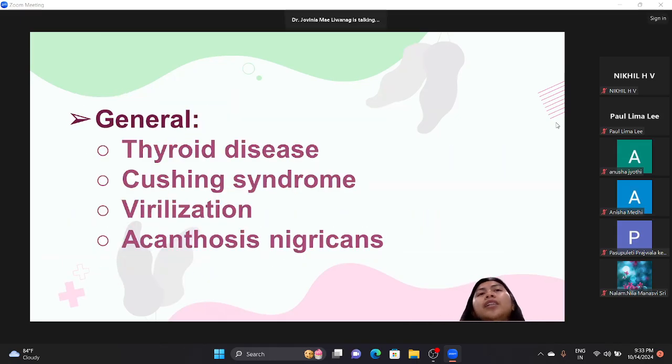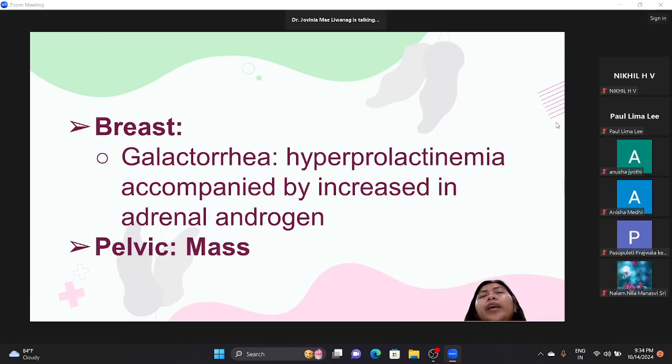Generally, these are the common causes of virilization: thyroid disease, Cushing syndrome, acanthosis nigricans. Generally, we have the hirsutism and virilization. In the breast, you will check if the patient has galactorrhea. What's galactorrhea? It's hyperprolactinemia accompanied by increased adrenal androgen.